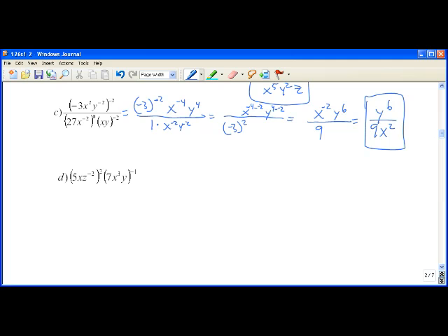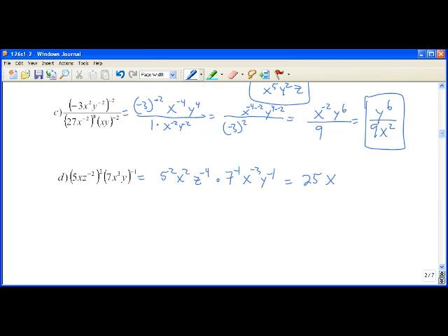So, D. We have 5xz to the negative 2 squared, over 7x cubed y to the negative 1. So it's going to be 5 squared x squared z to the negative 4, because negative 2 times 2 is negative 4, times 7 to the negative 1, x to the negative 3, y to the negative 1. So 5 squared is 25.